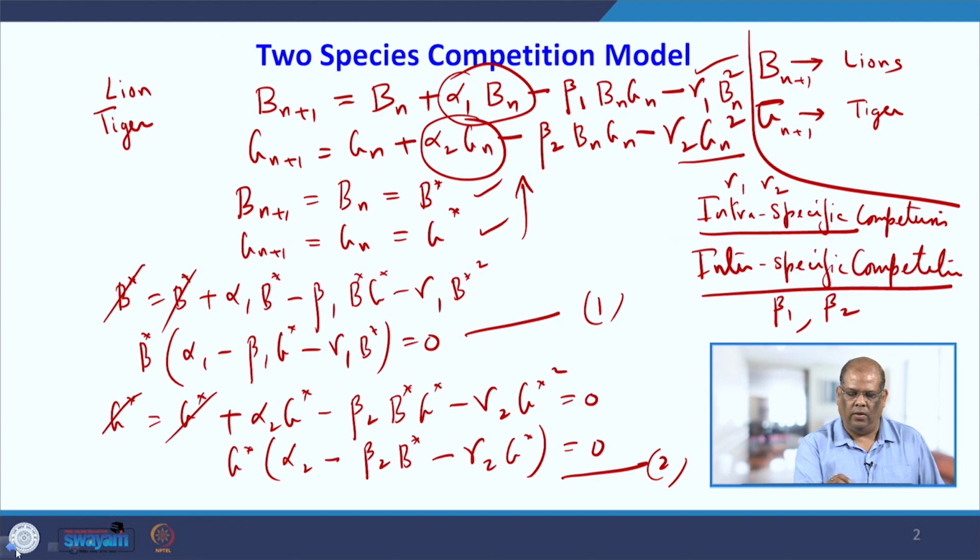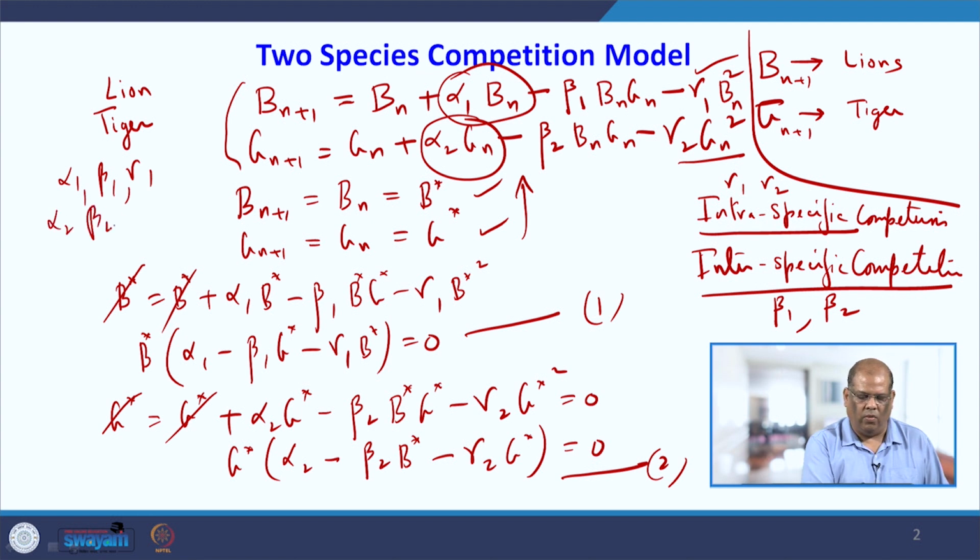And in these two equations, the parameters are alpha 1, beta 1, gamma 1, and alpha 2, beta 2, gamma 2, and all of them are positive.